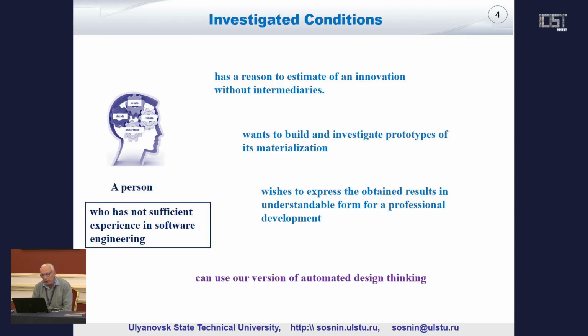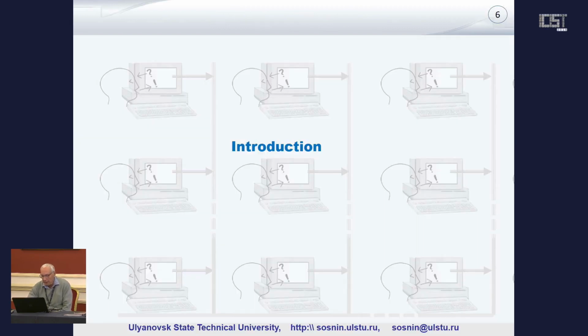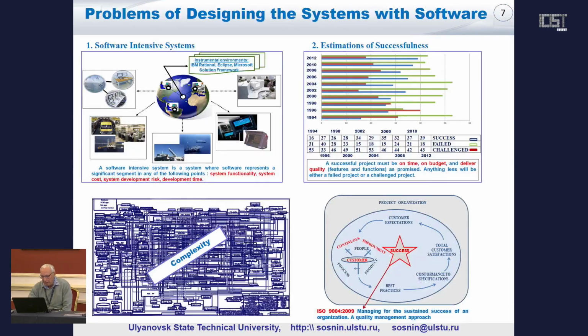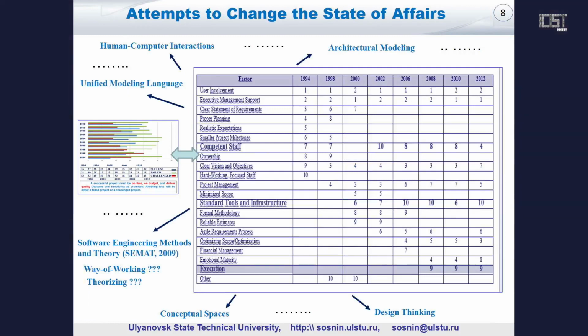In such a condition, we suggest using our version of automated designing. Such a version is the next step in our long-term investigation of the problem of successfulness in the development of software-intensive systems.